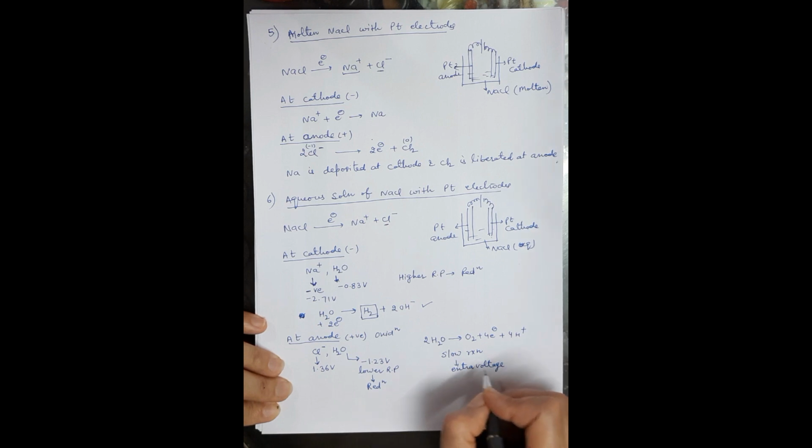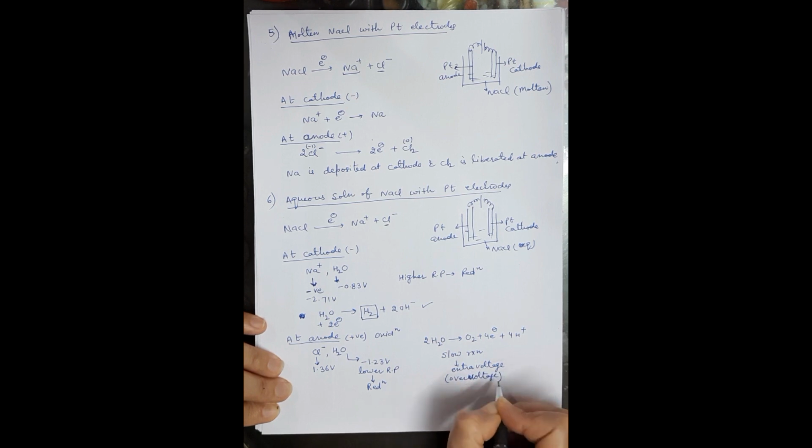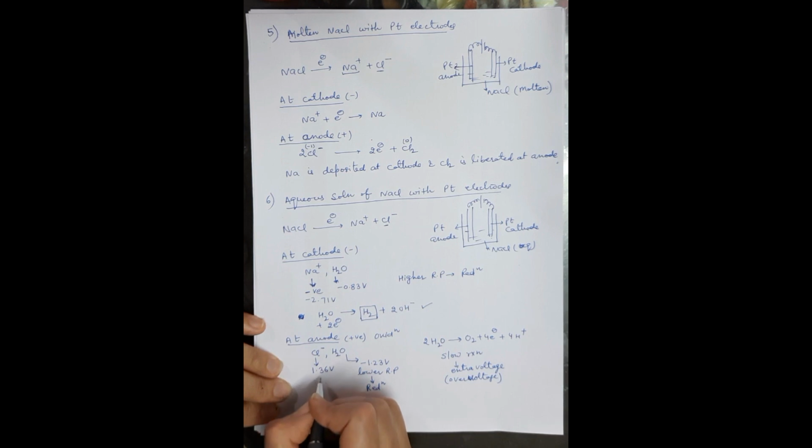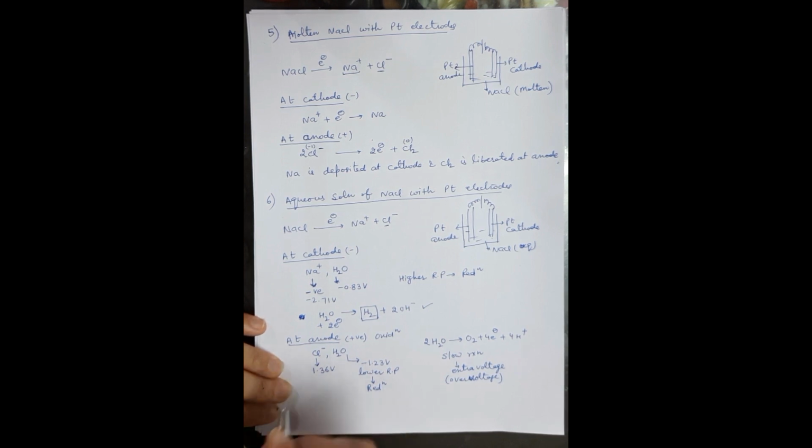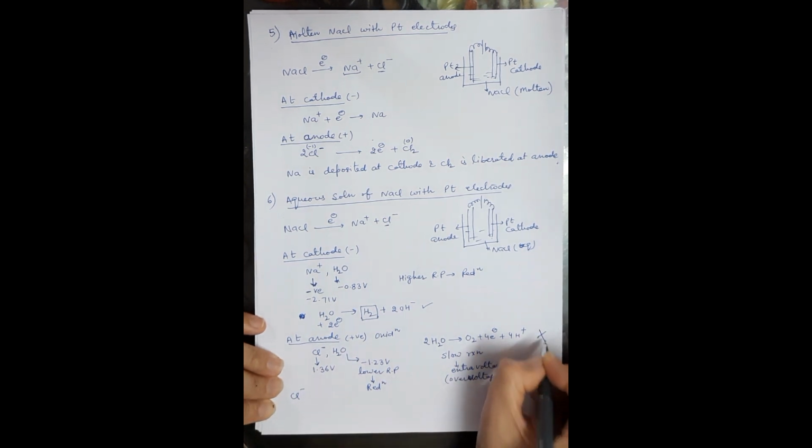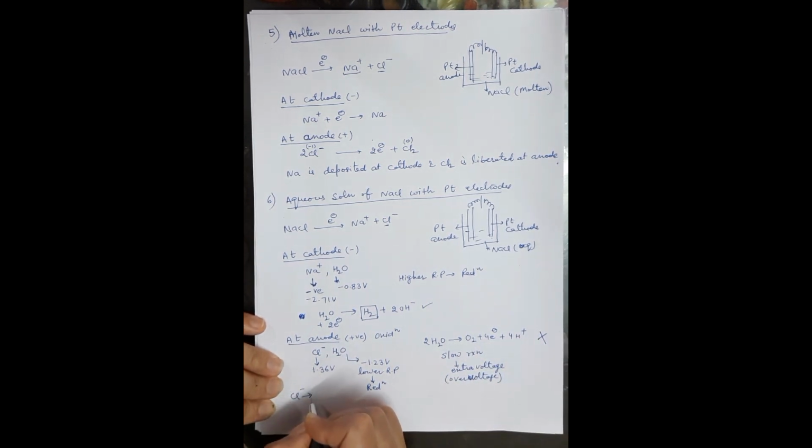We can also say overvoltage is required. And due to this overvoltage, water will not undergo oxidation. Chloride ions now will undergo oxidation and formation of chlorine gas is there.